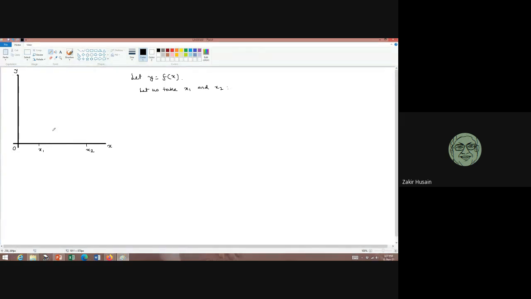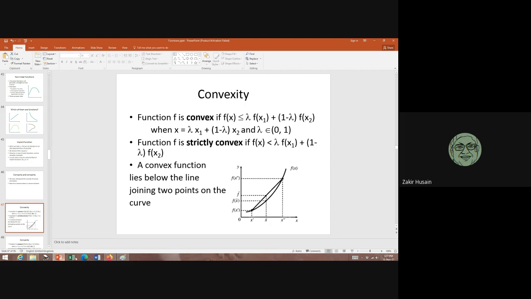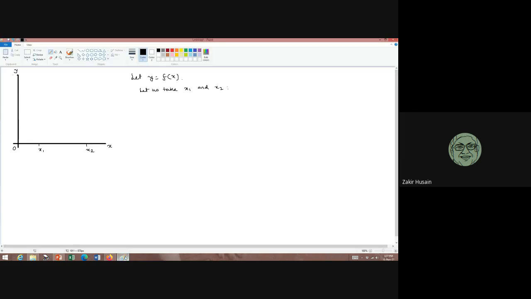Now, we are talking about a convex function, convexity.